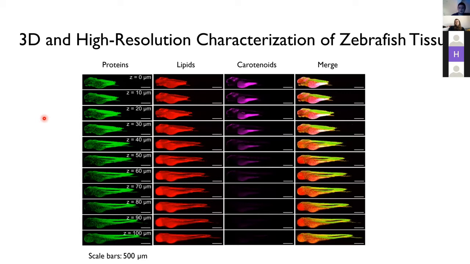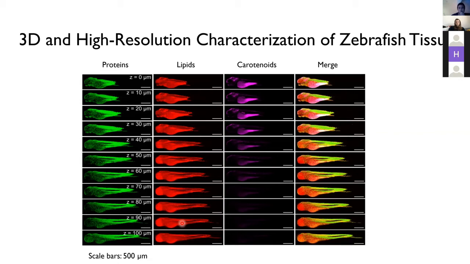We saw a bit of scattering in the head region and in the yolk sac region, which I'm pointing to here, but otherwise from the rest of the embryos we got really nice signals. We also observed a bit of pigment, especially on the surface of the fish. But deeper into the tissue we saw less of the pigment.